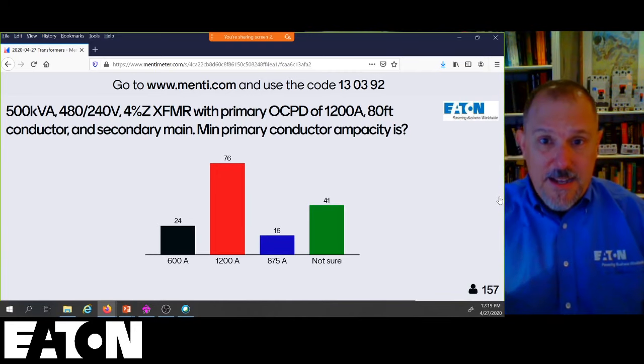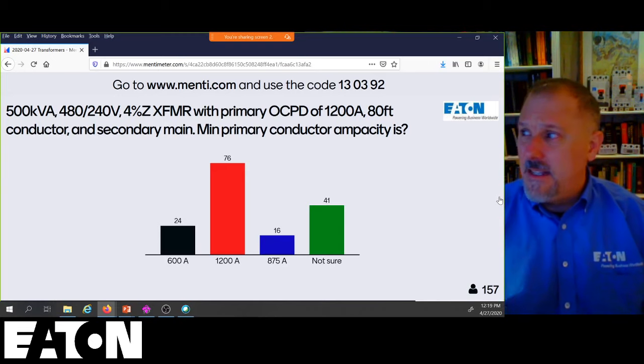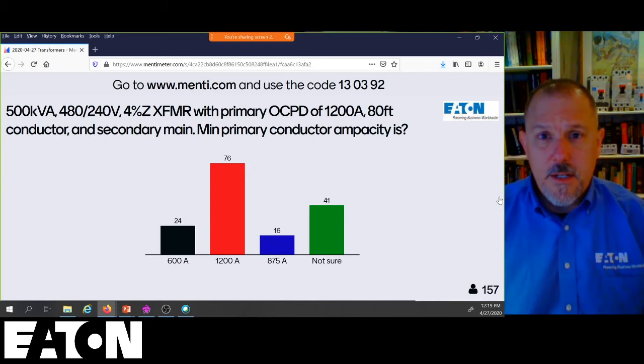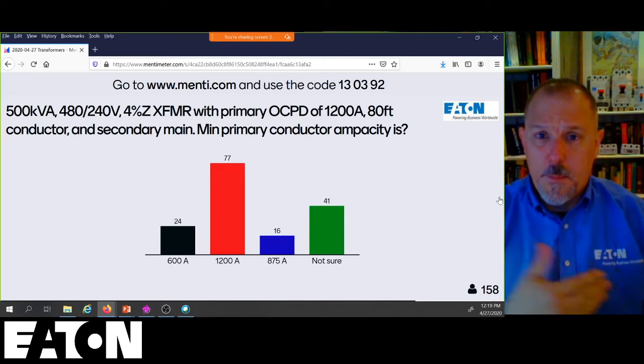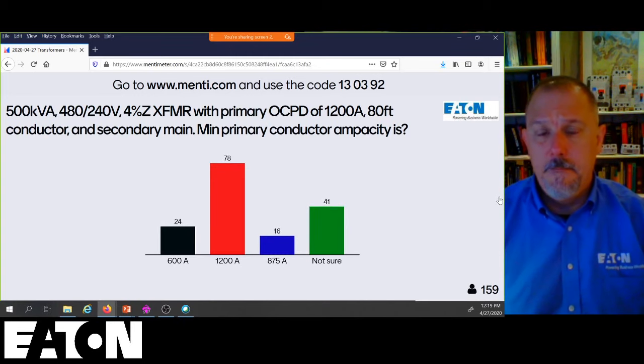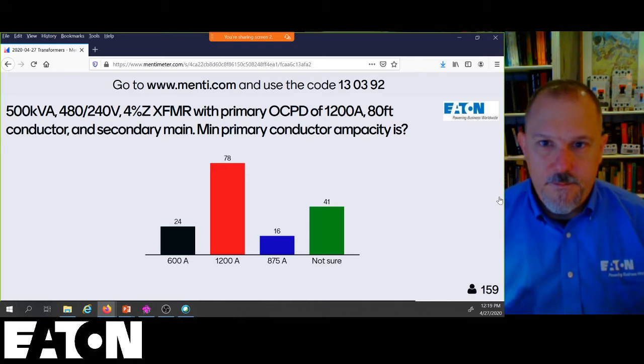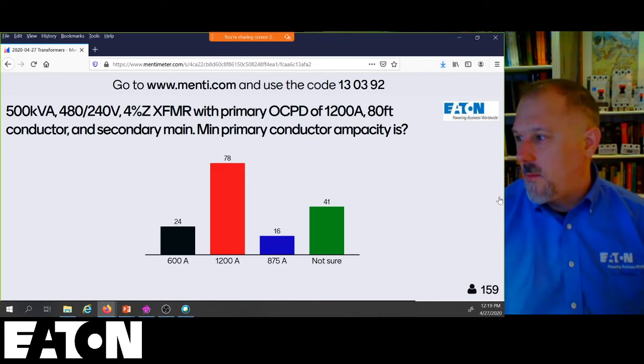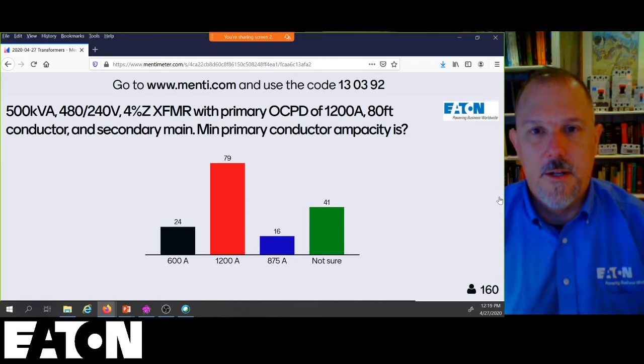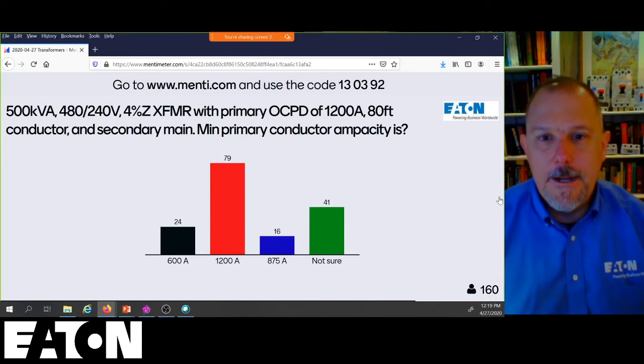Out of 86 people, 5 guys picked 1,200 amps, because 240 tells you need to protect a conductor at its ampacity. And sometimes we will say, look, I've only got 300, 400 full load amps on that primary. Why the heck would I put 1,200 amps worth of conductor and a 1,200 amp breaker on there?